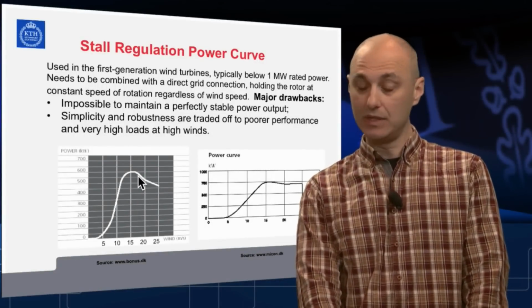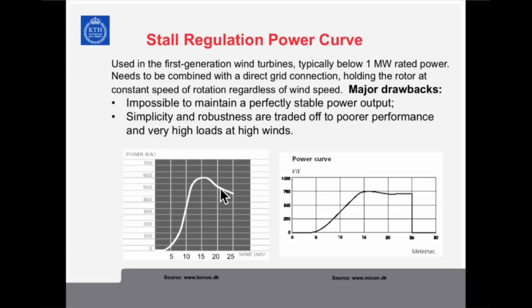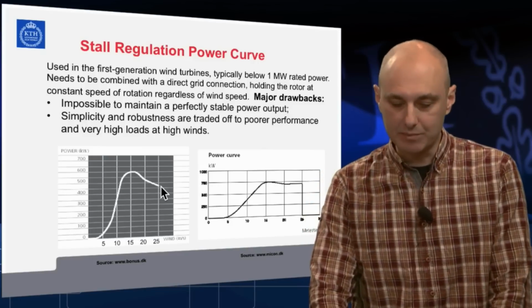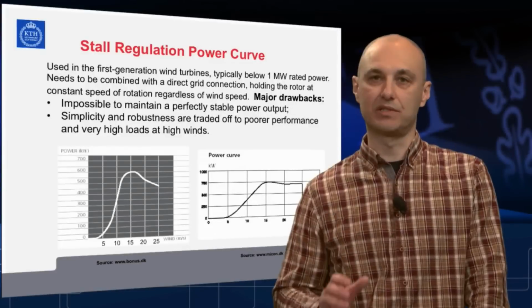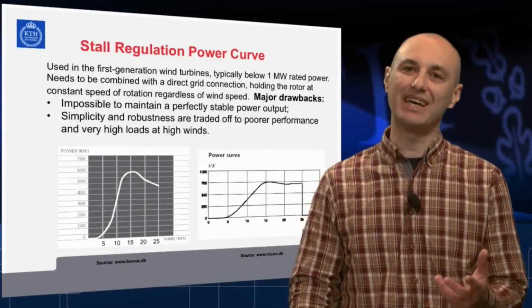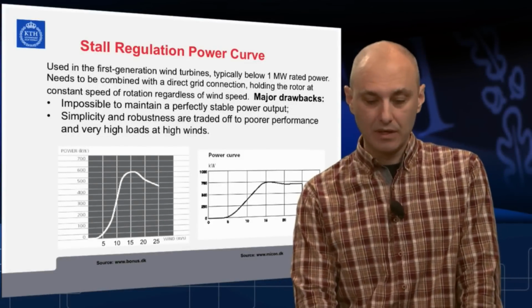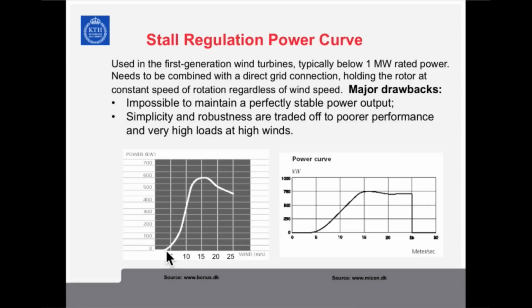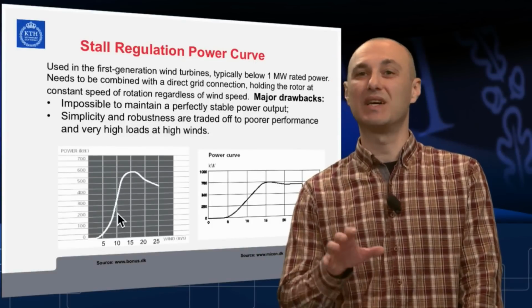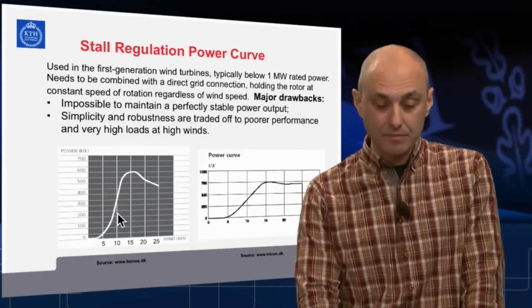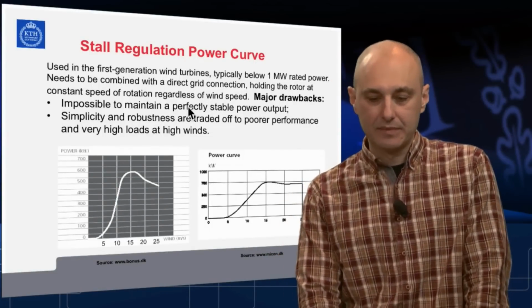What happens is that the blades perform worse and worse towards very strong winds. And until you reach your cutoff wind speed, typically 25 meters per second, you have lost quite a bit in undesired losses of efficiency. Also, the low wind spectrum may not be as optimum as it could have been with somehow actively regulated angles of attack.